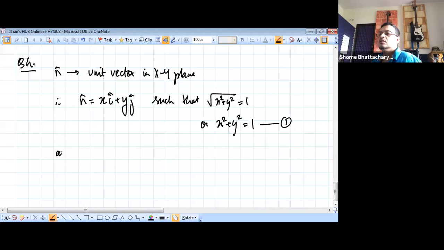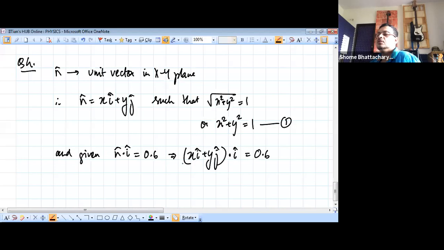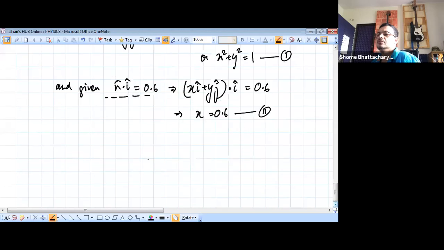Secondly, it is given to us that n cap dot i cap is equal to 0.6. In other words, x i cap plus y j cap, this vector's dot product with i cap, is 0.6. Now solve the dot product on the left hand side. It's nothing but x. So x is 0.6. That's the second piece of information we are getting. Now just substitute that in the first equation.